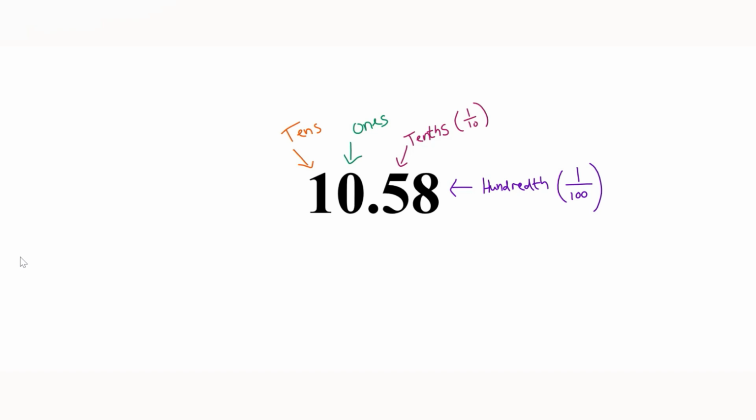Now, looking at the value of each of these digits, the value of 1 will be 1 times 10, which is 10. The value of 0 will be 0 times 1, which is just 0.